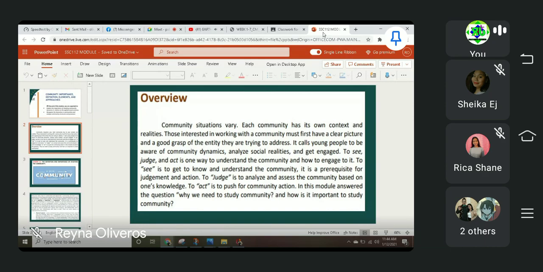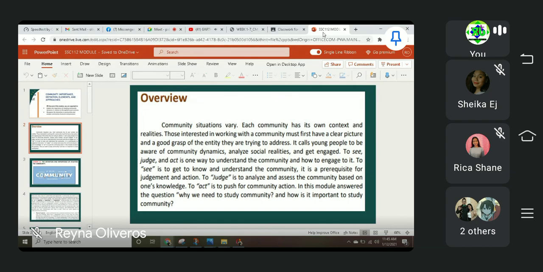Para makita mo yung kung anong meron doon sa community, kung saan ka nabibilang. You have to see or understand the community. What is the prerequisite for the judgment and action? Another one is, for you to be able to judge, you have to analyze and assess the community based on one's knowledge.